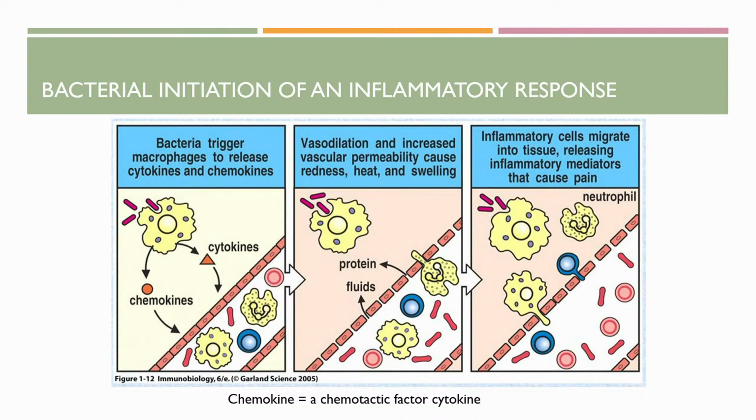That results in vasodilation and increased vascular permeability, which is essentially what causes the redness, heat, and swelling. That helps recruit inflammatory cells to that area. They start to release inflammatory mediators, and those are what cause the pain that you might feel, but they are doing something to help heal that wound or infection.